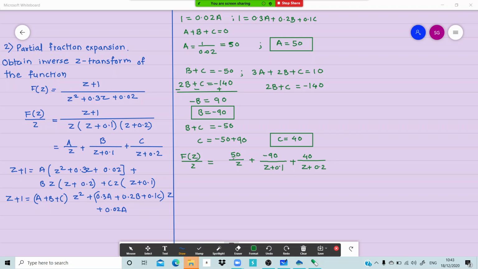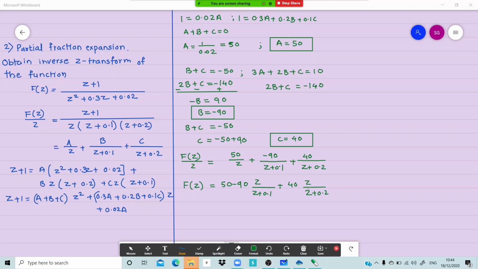Okay, so when you multiply by this z, you will get f of z is equal to 50 minus 90 z upon z plus 0.1 plus 40 z upon z plus 0.2.